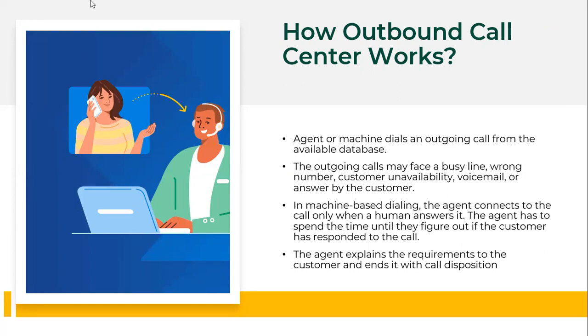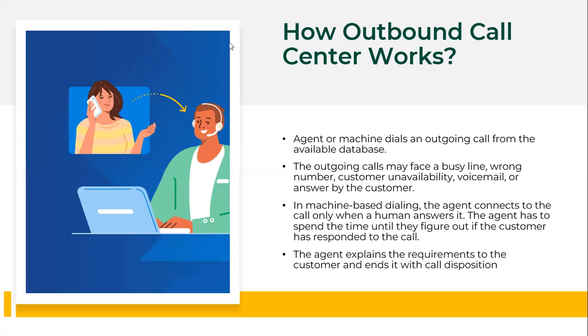Second, the outgoing calls may face a busy line, wrong number, customer unavailability, voicemail, or be answered by the customer. In machine-based dialing, the agent connects to the call only when a human answers it. The agent has to spend the time until they figure out if the customer has responded to the call. And finally, the agent explains the requirements to the customers and ends it with call disposition.